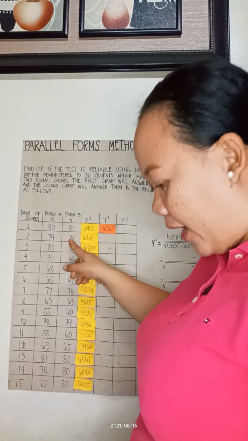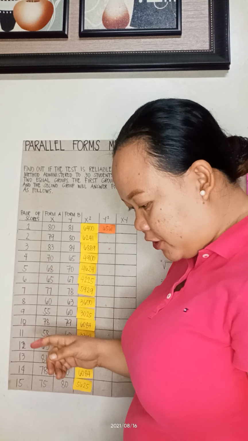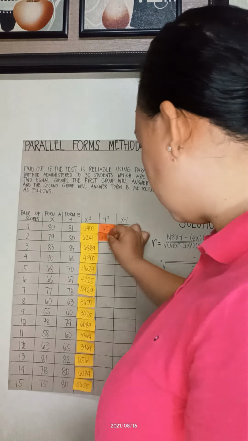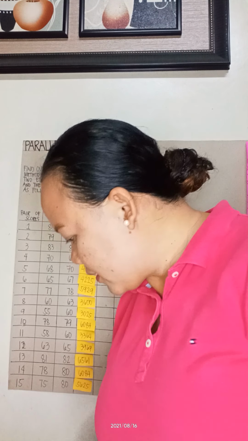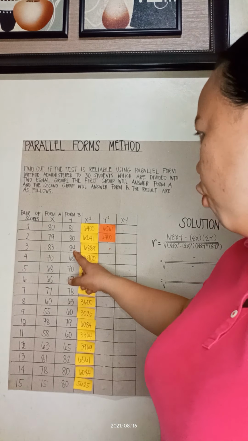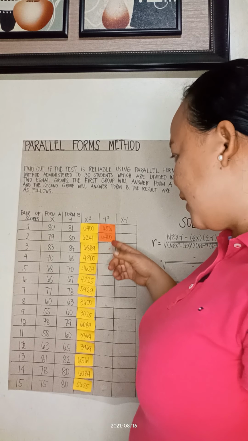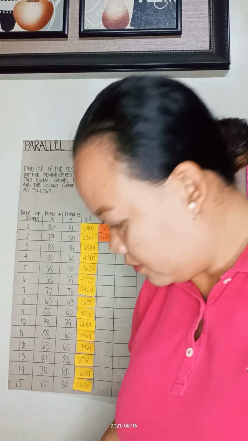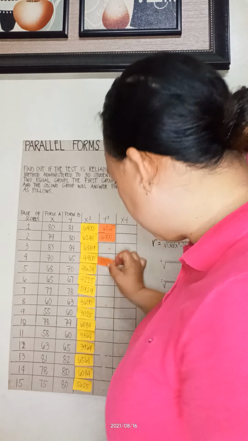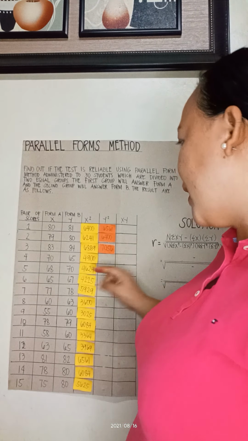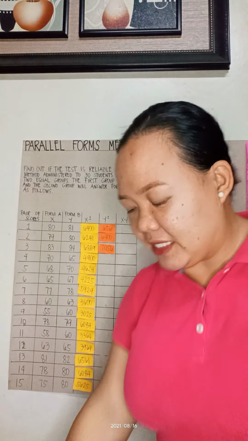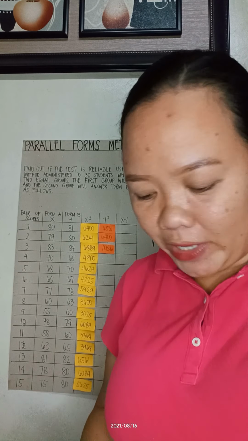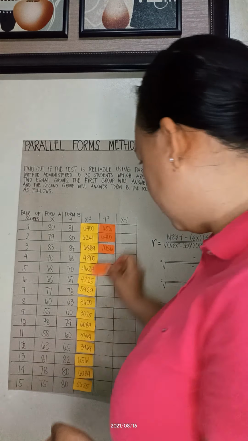Next, 80 times 80 is equal to 6,400. Next, 84 times 84 is equal to 7,056. Next, 65 times 65 is equal to 4,225. Yes, correct.